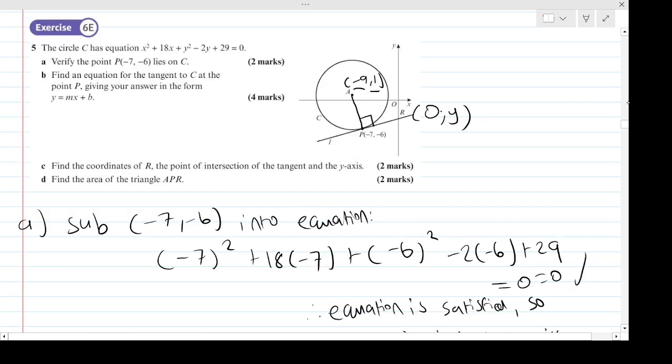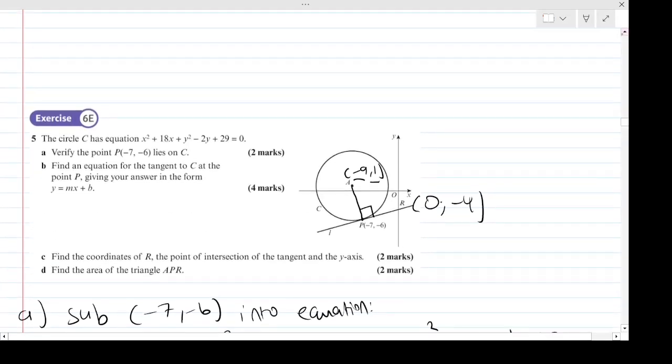Great stuff there. So we can change that to minus 4 there. Cool, then part D lastly is saying find the area of triangle APR. I'm going to do that probably up here.